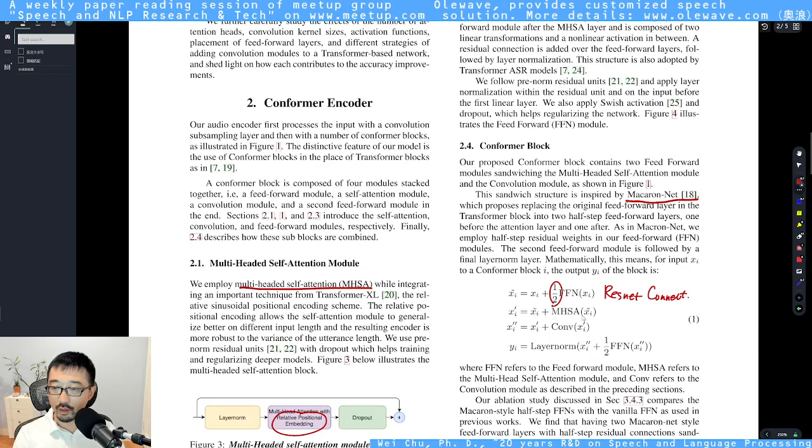Anything with this plus sign is a ResNet connection, okay? Everything is ResNet. And then they use the multi-head attention, so this is the multi-head attention module. And this is the convolutional module. And finally, this is a half step.